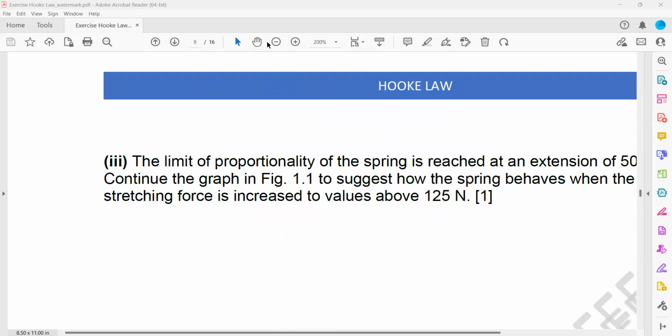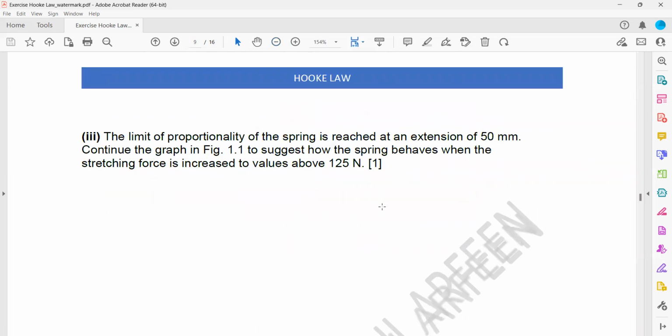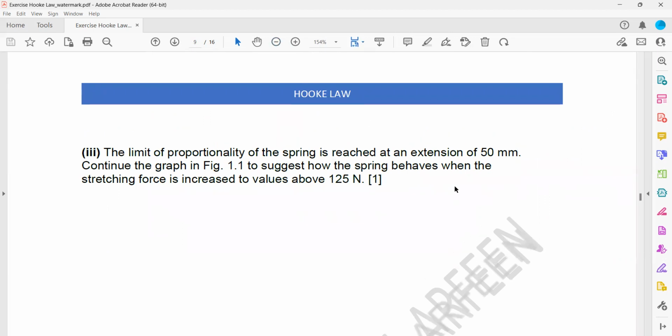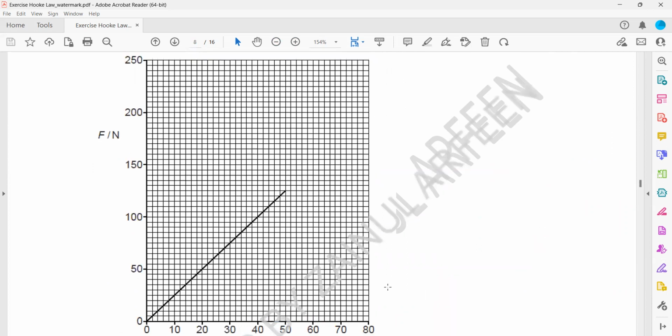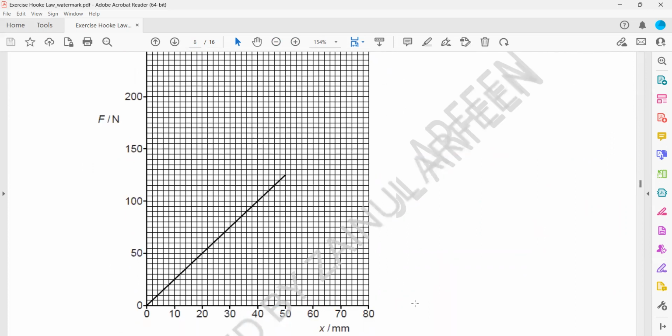The limit of proportionality is reached when the extension was 50. Continue the graph and show how the spring behaves when the stretching force is above 125. So till this point, it is obeying Hooke's law, but then they are saying, as I mentioned, if it crosses the elastic limit, how do we complete it?